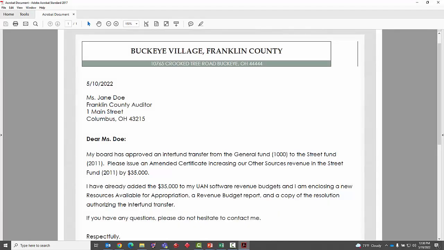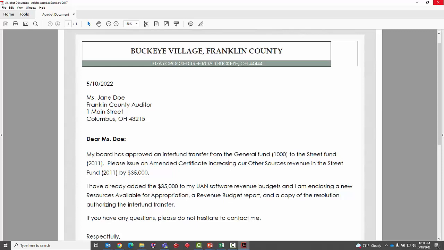Your letter to the county auditor requesting an amended certificate, when you did a transfer of money from the general fund to the street fund and it wasn't budgeted at the beginning of the year, on the amended certificate, it does not change the general fund because the general fund isn't receiving less money. It's still receiving exactly what it received. A transfer out is an expenditure.